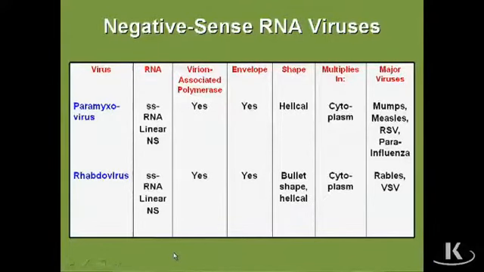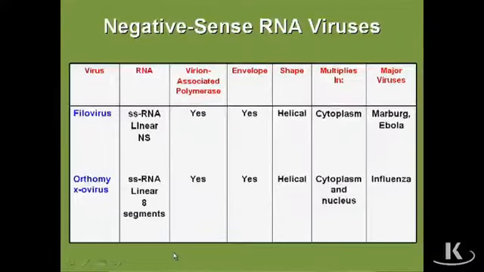In the rhabdovirus family, the only virus we really have to worry about there is rabies virus. The filoviruses, again, here's my little Ebola virus guy, the lasso-shaped virus. The filoviruses, unfortunately, because again, they're a little bit cute, are low yield for the boards. So we're not going to talk about them in any great detail.